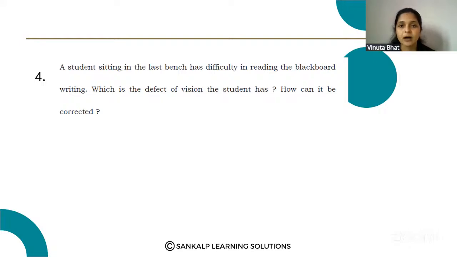So please see the question. If you know the answer, please try to write the answer for that question. That will be so helpful for you for practice, right? If you don't know the answer, I will keep the slide for the answer also, so you can note down that answer. Okay, so like that, please make use of this class.